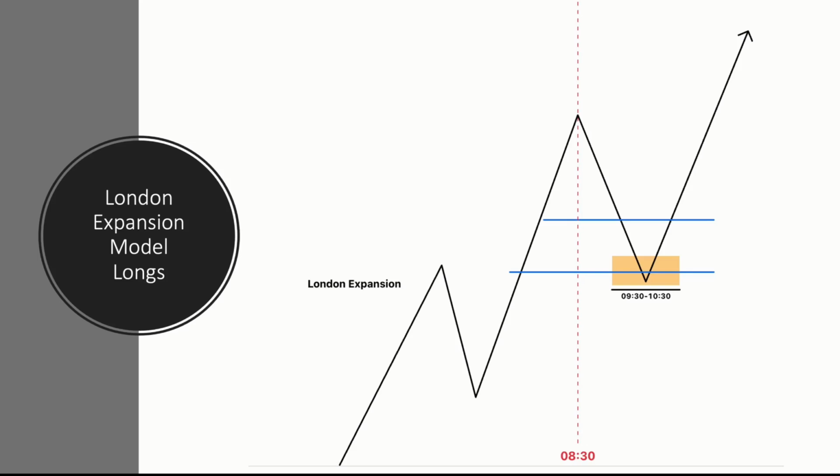And the final model for longs during the AM session is the London expansion model, where we see an expansion leg during London that leaves behind an imbalance. Then between 8:30 to 10 specifically, we want to see a retracement occur.